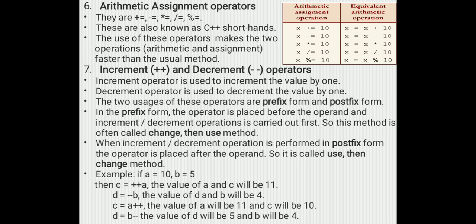For example, if the value of the variable A equal to 10 and B equal to 5, and then C equal to plus plus A, that is prefix. Change then use.